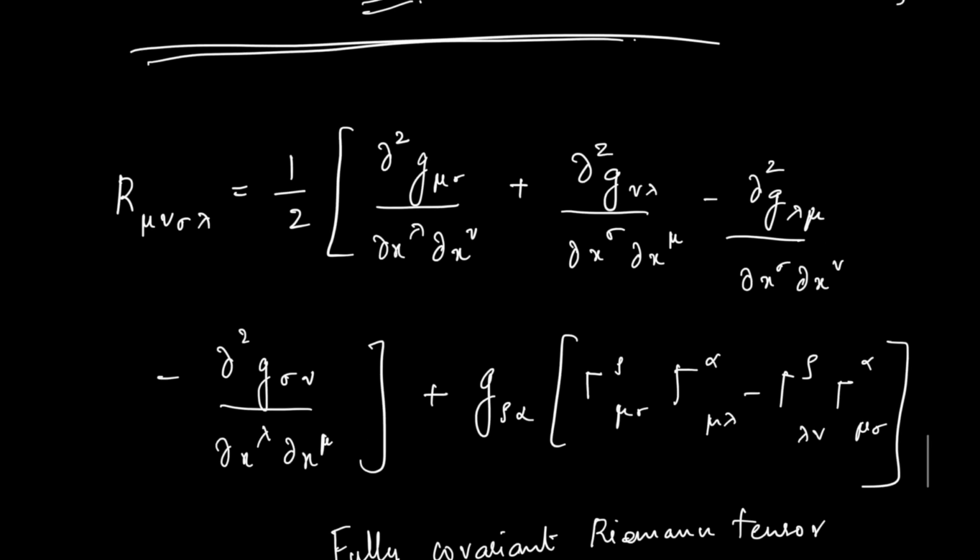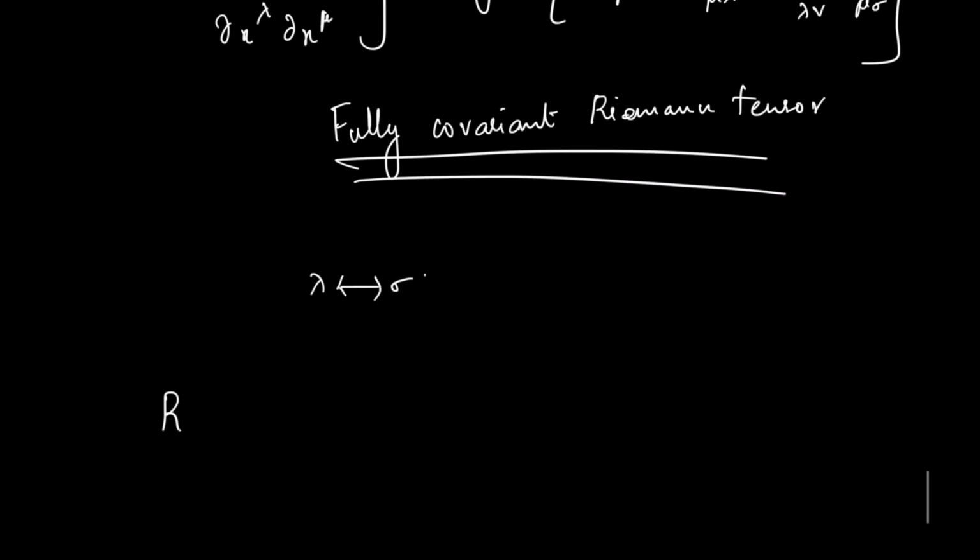Initially it was sigma lambda. Now I have to write lambda sigma. So R mu nu lambda sigma is equal to, wherever there is lambda, I'll replace it with sigma, and sigma I'll replace it with lambda.